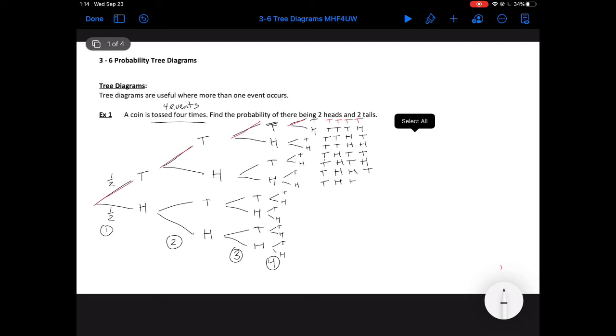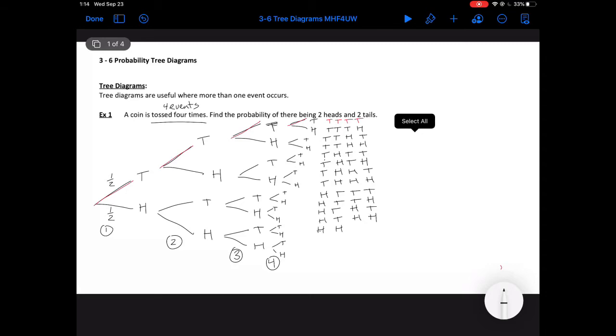head, tail, tail, head, head, head, head, tail, tail, tail, head, tail, tail, head, head, tail, head, tail, head, tail, head, head.